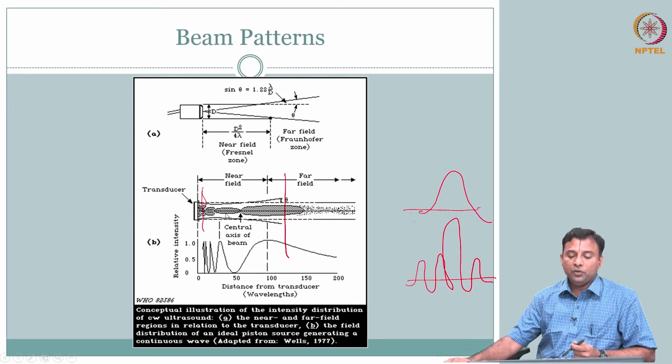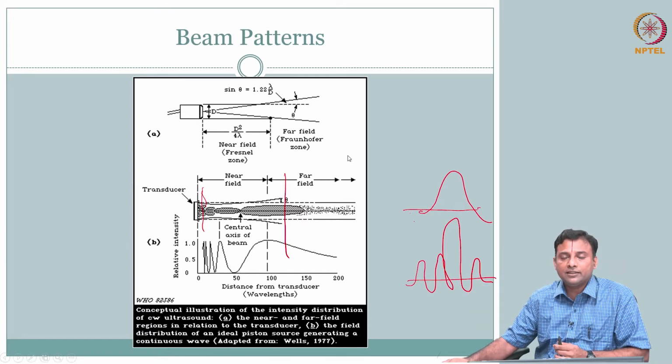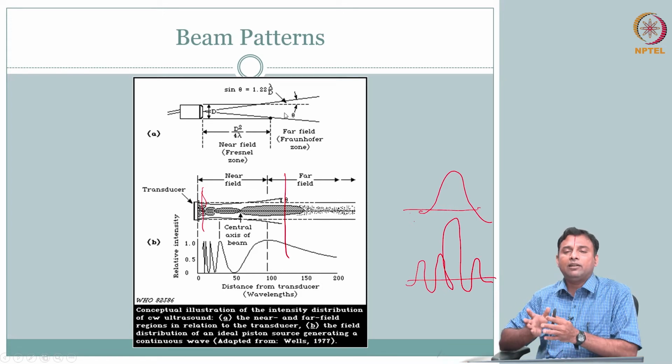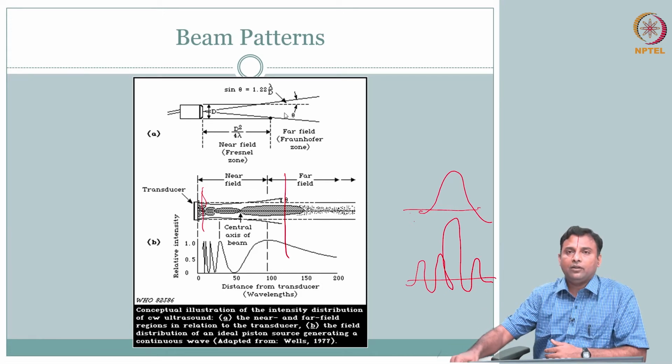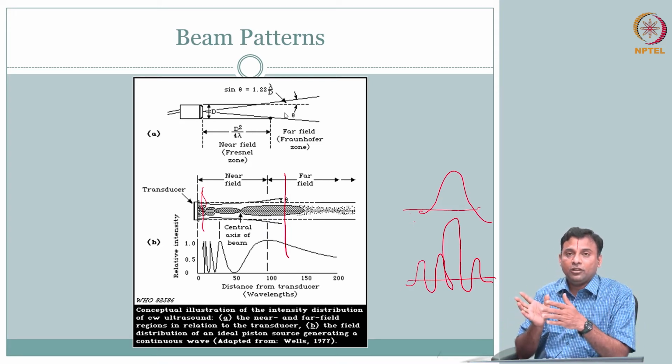Good. So, what we will do now is recognize two other important ideas. One is this divergence, right? So, it is diverging, so angle of divergence is a parameter. What is the disadvantage in divergence? In imaging, what are we supposed to do? In imaging we should have good lateral resolution also.